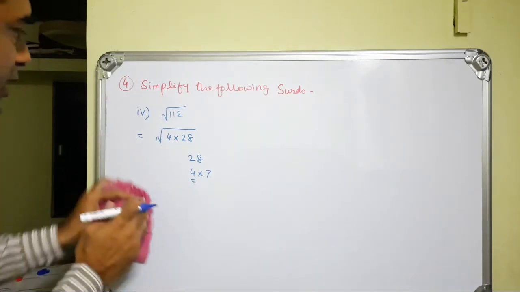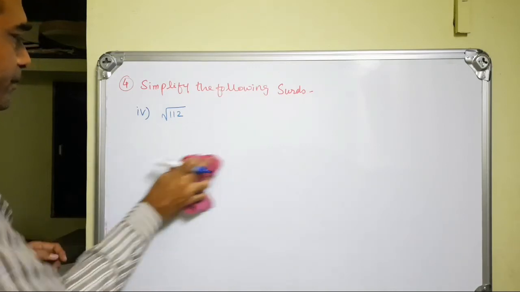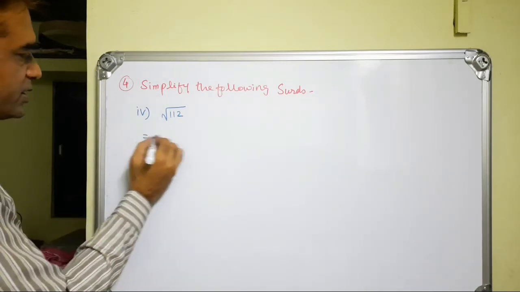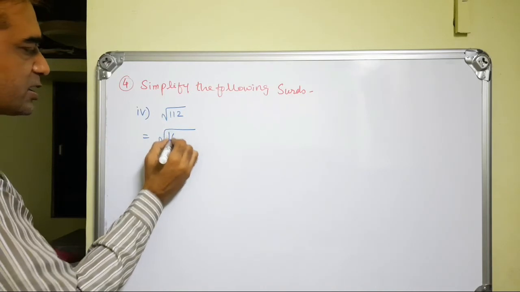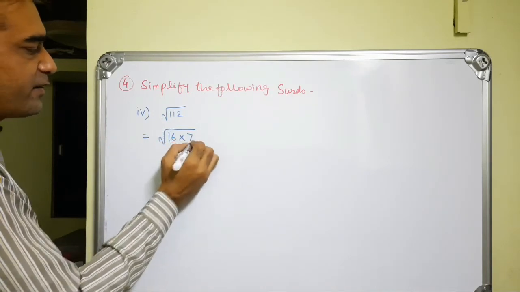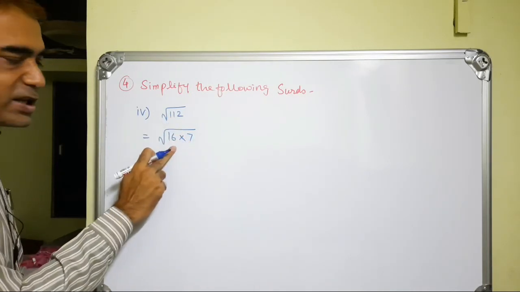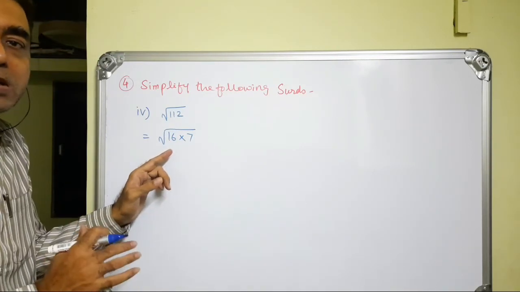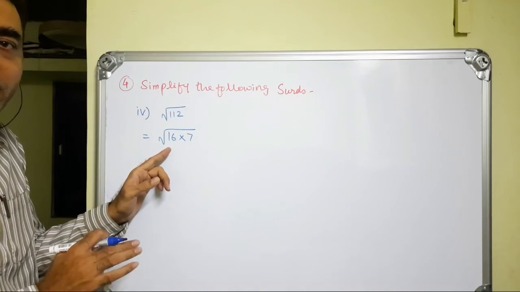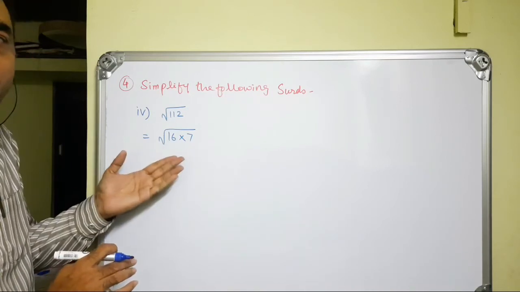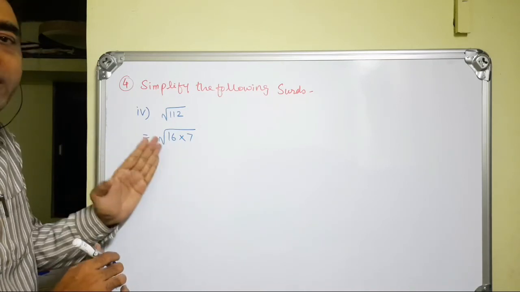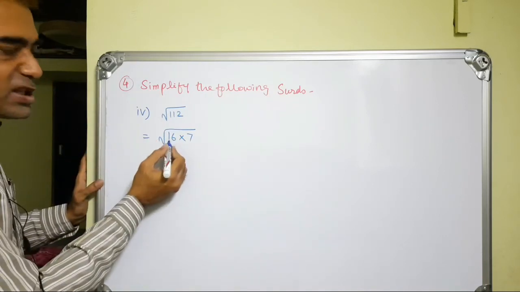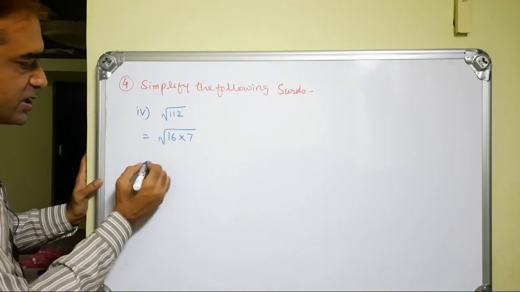So here we will write, this can be written as 16 into 7, since 16 sevens are 112. So now 16 is the perfect square. We have to take the biggest factor which is a perfect square. If there were a factor bigger than 16 that is a perfect square, we would take that. 16 is greater than 4, so we have taken 16.